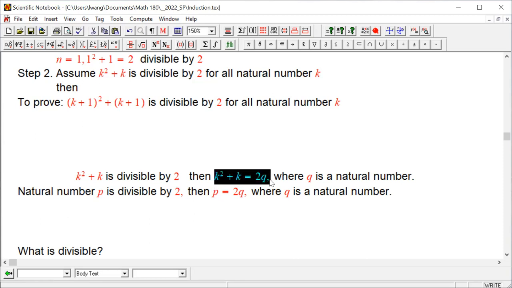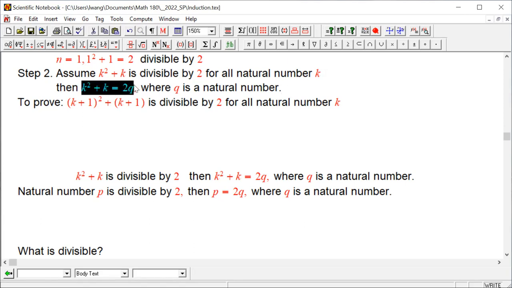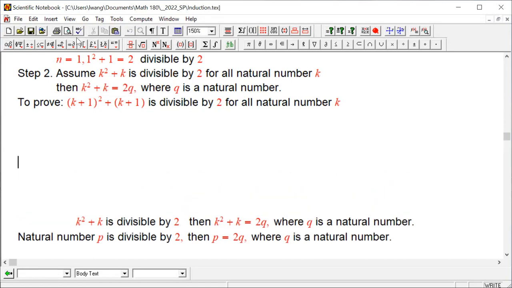So now we can say that this will be true because it is assumed k squared plus k is divisible by 2 for all natural numbers k. Now, of course, we're going to put our little hint on the side, and we're going to work with this piece.